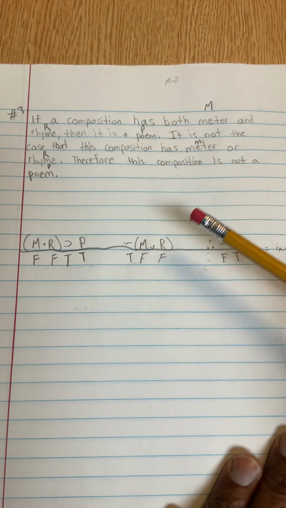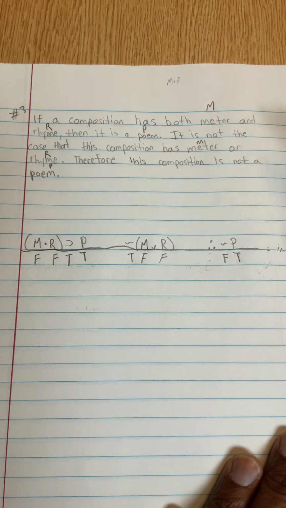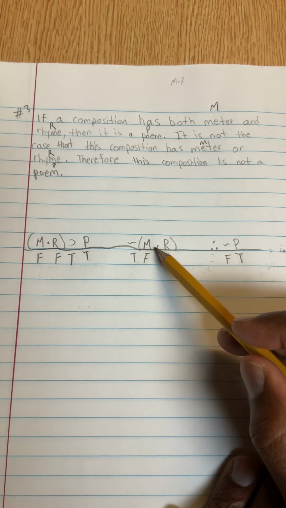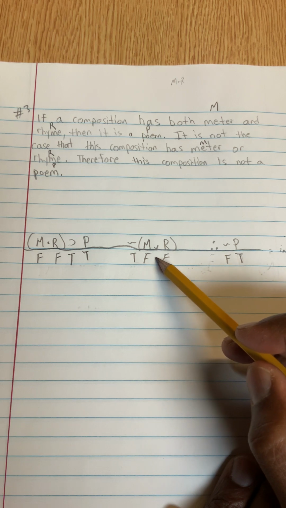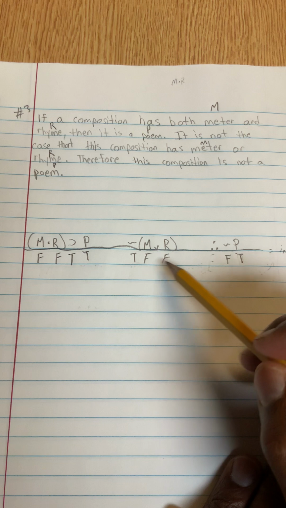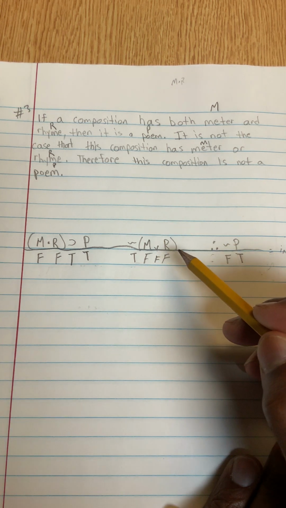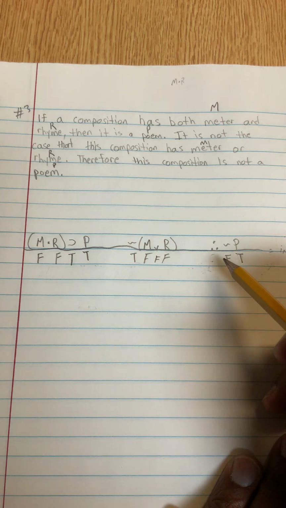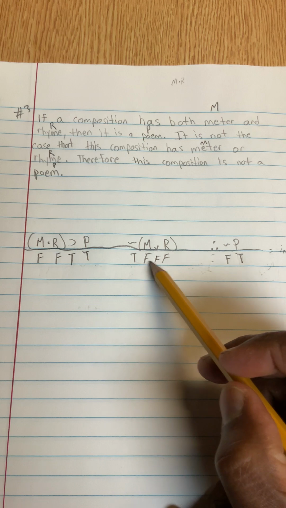Now I need to find out if I have some contradictions or not contradictions. For my disjunction, in order for it to be true, then I need to have at least one truth value. But there's no truth values. So that's a false. That's a false. Okay, let's move on here. And this is good.